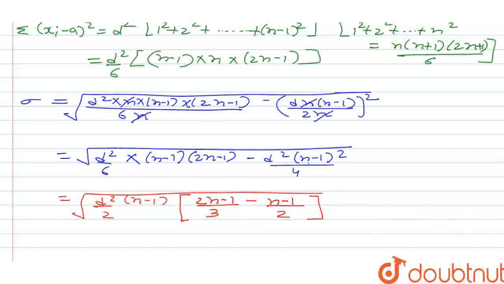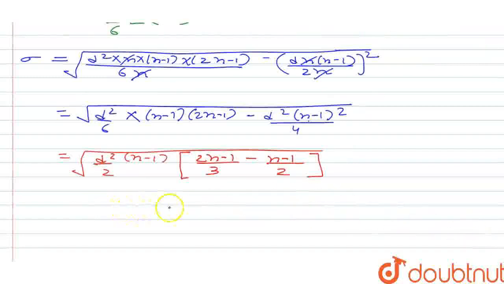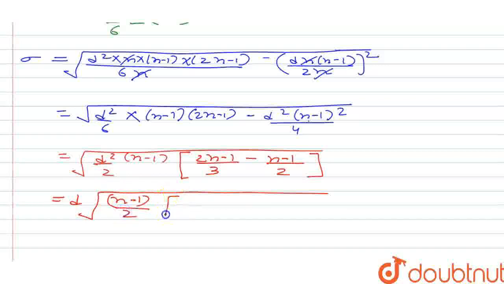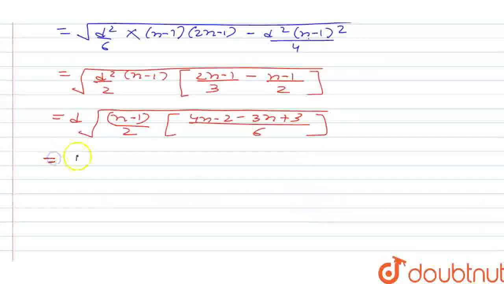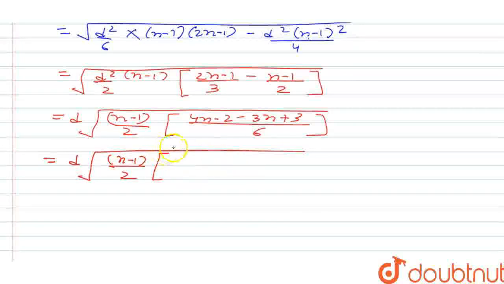Okay, now let's take the LCM here. So this is going to give us d square, root is d, so d we have taken common, n minus 1 by 2, and this is going to give us after LCM 4n minus 2 minus 3n plus 3 upon 6, is equal to d under root n minus 1 by 2, and this is going to give us 4n minus 3n that is n, then minus 2 plus 3 is plus 1 upon 6.